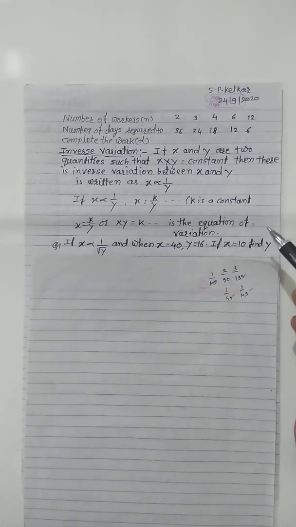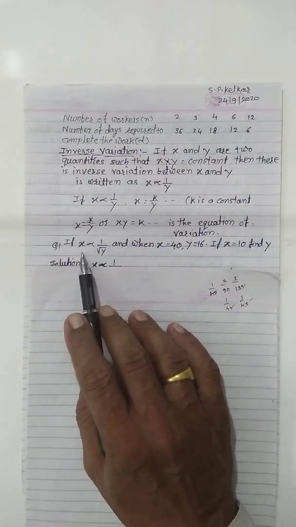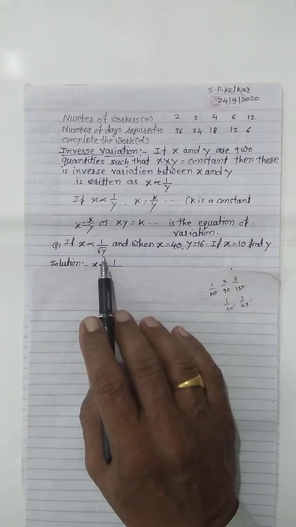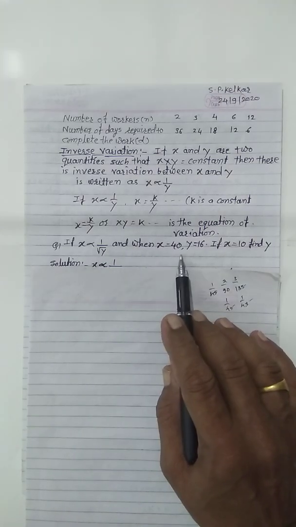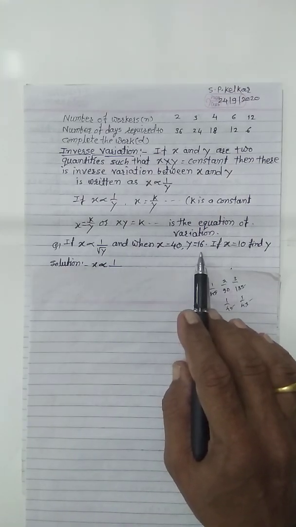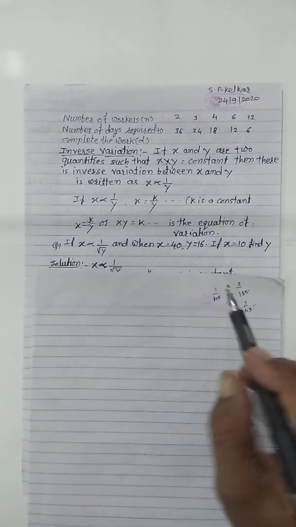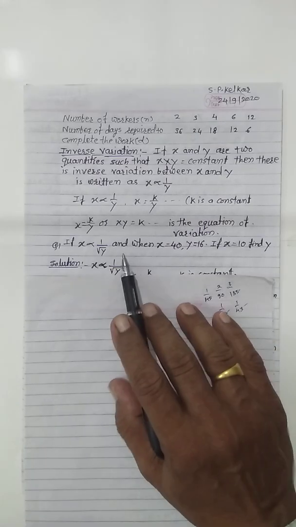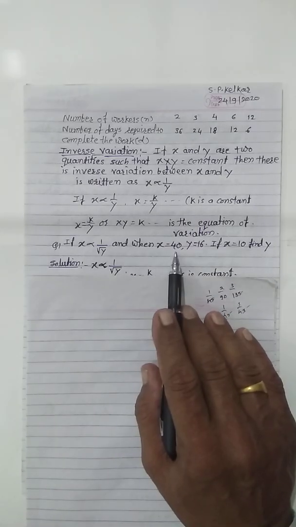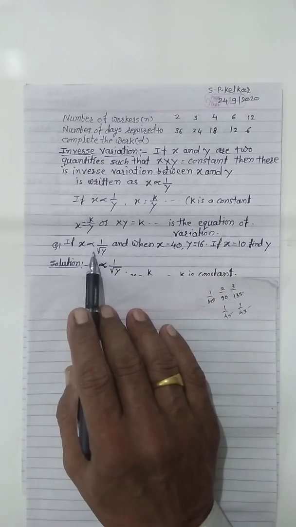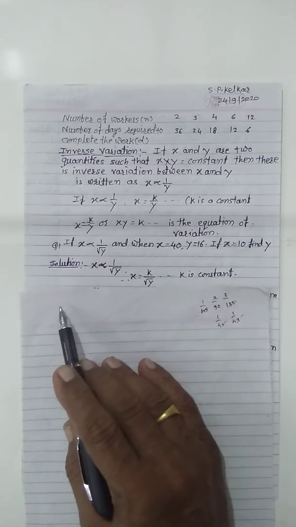Then we take one example. If x is inversely proportional to under root y, and here x equal to 40, y equal to 16, if x equal to 10, find y. See here x equal to 40, y equal to 16. Firstly write down the equation.